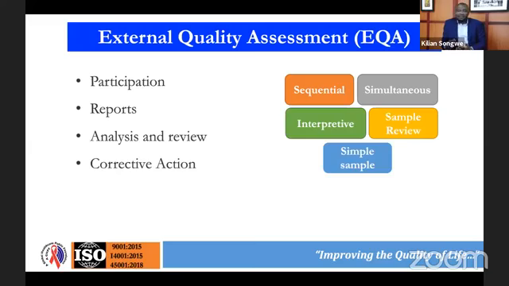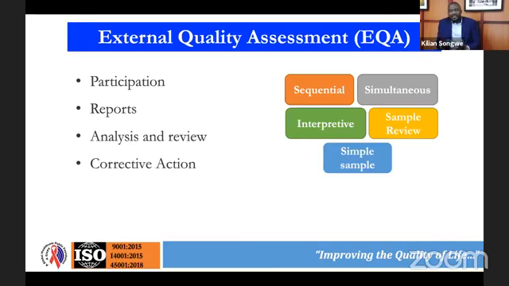There are some platforms where they do sequential participation. A central provider sends one sample throughout different laboratories, and you all come up with some results, and then the evaluation is done. There is simultaneous participation, for example, in those EQAs where different samples are sent to different labs, but then a centralized evaluation is done.